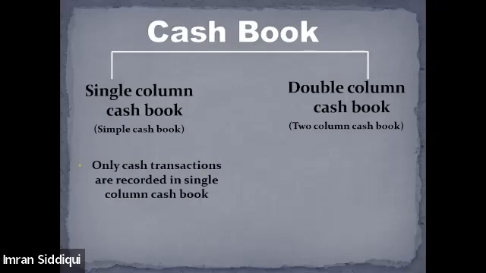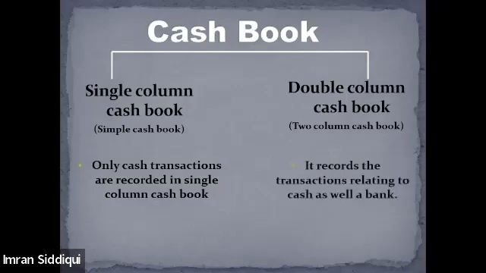The single column cash book is one wherein only cash related transactions are recorded. The double column cash book records transactions in relation to cash as well as bank, both at one single place. Eventually, bank related transactions also affect the cash balance, the availability of cash. Therefore, the double column cash book records the bank as well as cash balance.